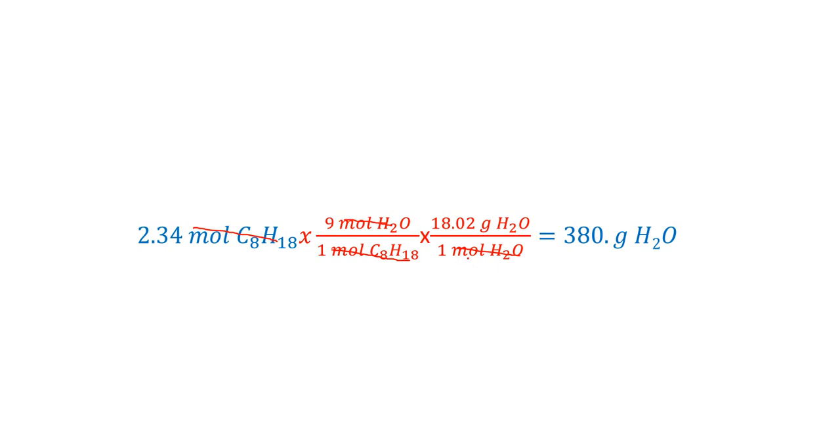That's why we put 1 here and we put 18.02 grams water there. So in the end we get 380. grams of water. The point is just telling us the number of significant figures. So this answer has 3 significant figures.